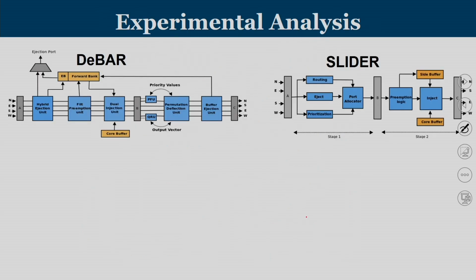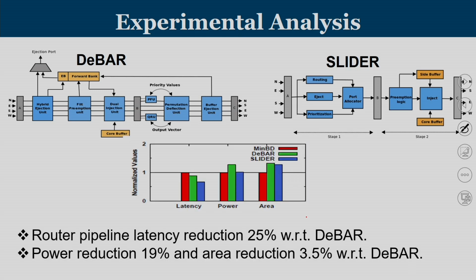So, the experimental analysis comparison of D-bar and slider. If you look at the latency of a single router, this was done by a Verilog implementation. Once we implement all the units of the D-bar pipeline as well as the slider pipeline and then synthesize them, it was found that slider achieves a router pipeline latency reduction of 25% with respect to D-bar. The slider is the blue one.